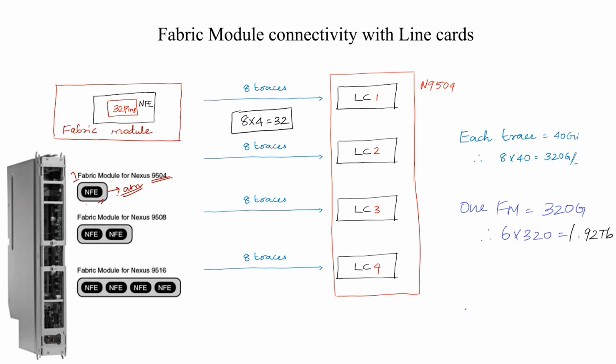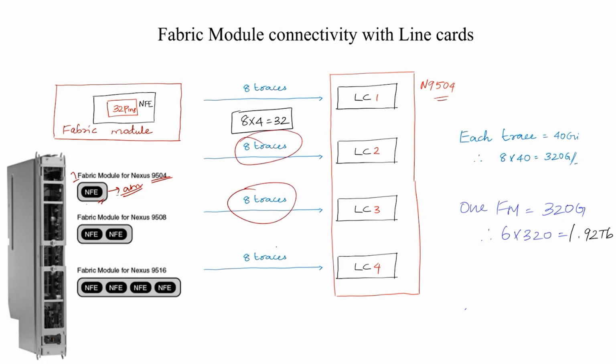That one ASIC chip will have 32 pins. So it will use 8 of those traces to connect to each of those line cards. So it's happening in 9504. 9504 has 4 line cards. The 32 pins from the fabric module's ASIC are going to connect to each of those line cards with 8 traces each.